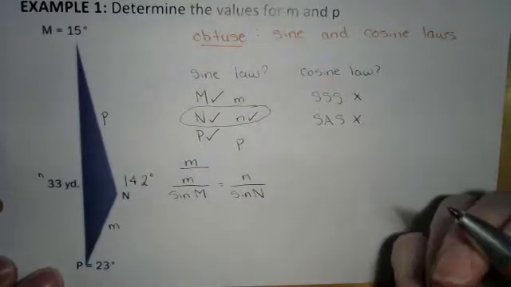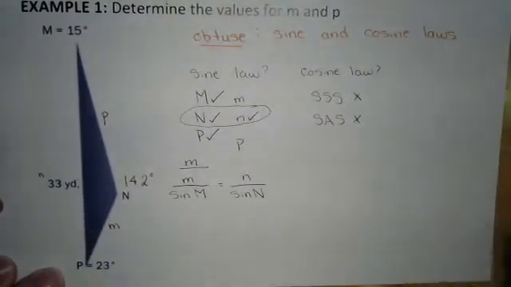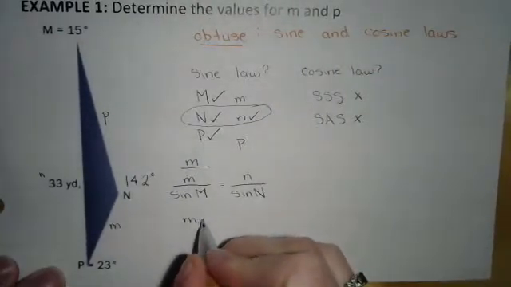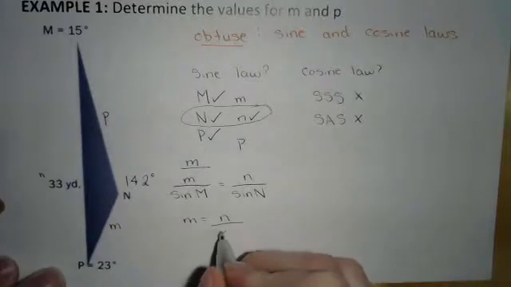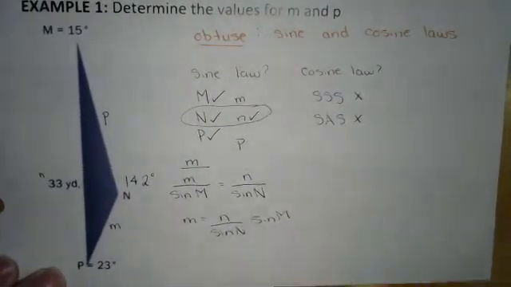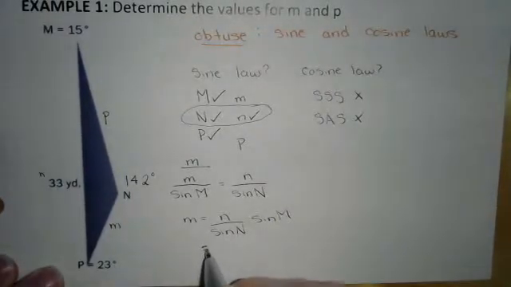So now we can substitute our values in. Or you can rearrange it. Remember we talked about this. It doesn't matter which one you do first. I might actually just quickly move that sine M over to the other side. Now I can substitute in my values.